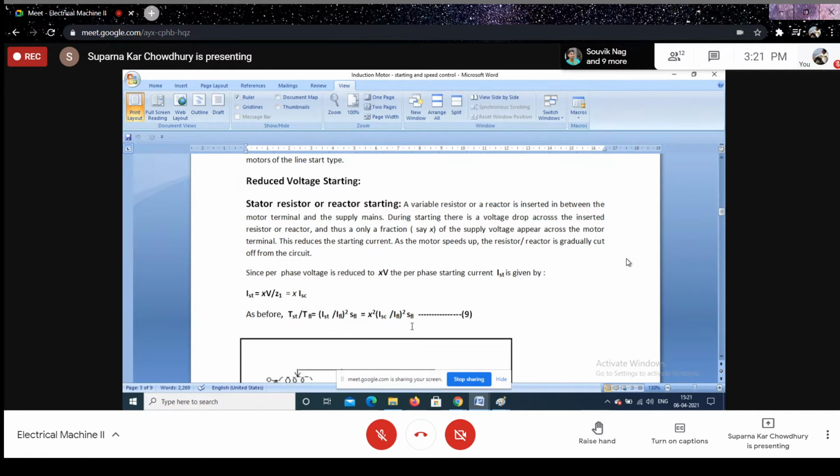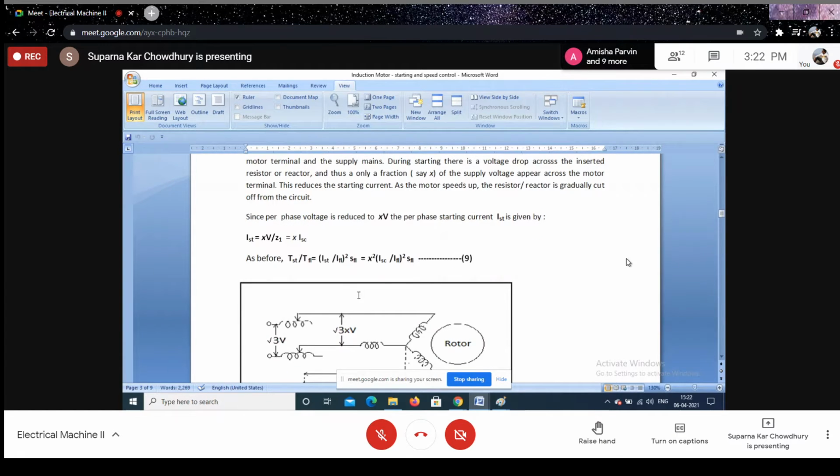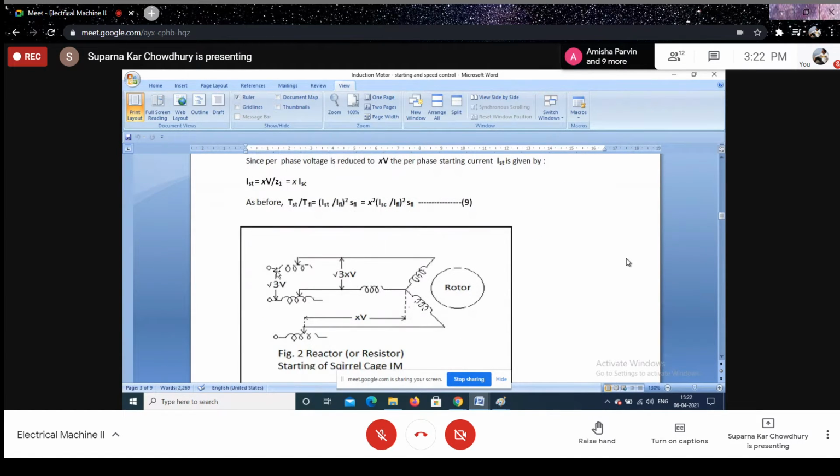The simplest one is stator resistance or reactor starting. That is, we can insert a resistance or reactor in series with the stator winding in each phase, so that a part of the voltage is dropped across the reactor or resistor.